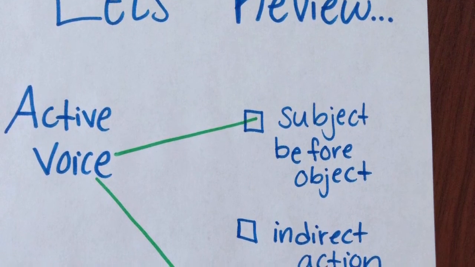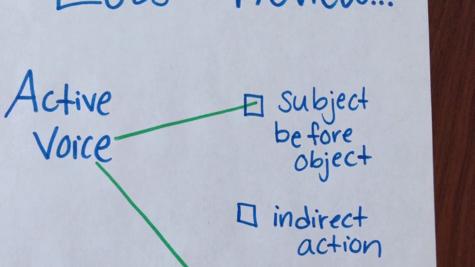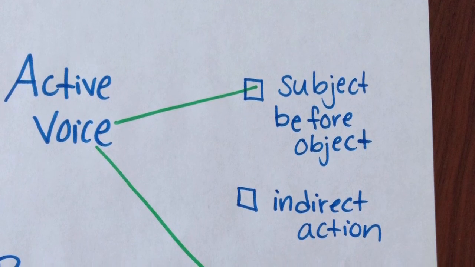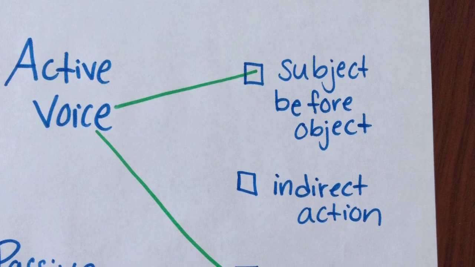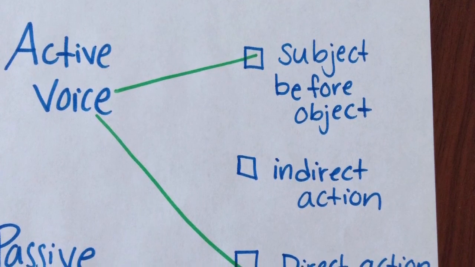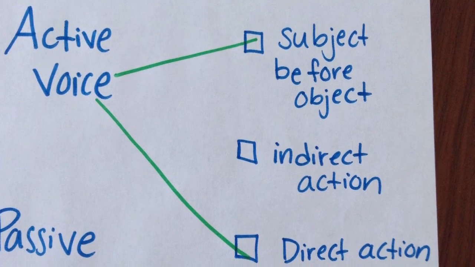Remember, our subject Scuba always came first in our active voice sentences. Another characteristic is a direct action or direct relationship. We can also remember that we had a direct relationship between subject and object in our active sentences.